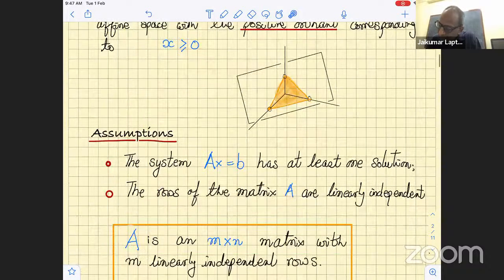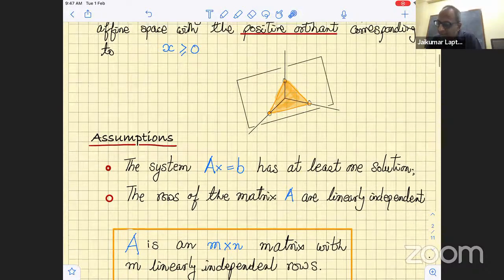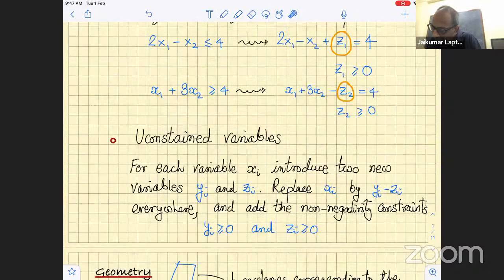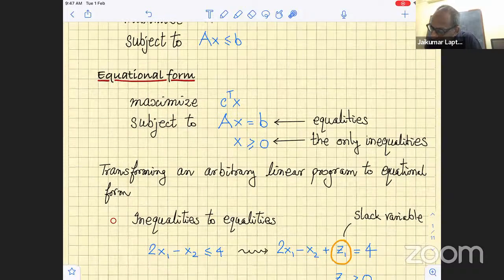The second thing is, we will assume that the rows of the matrix are linearly independent. When you have the thing in equational form like this, we will assume that the various rows are linearly independent, because if they were linearly dependent, and if this system had a solution, then it must be that one of the equations is a linear combination of the other equations.